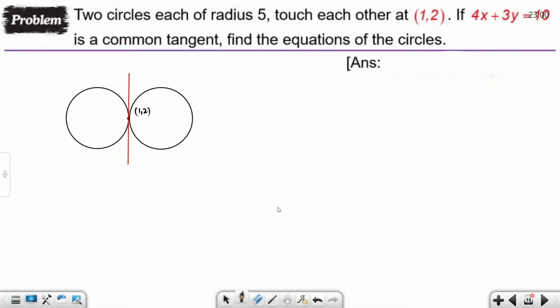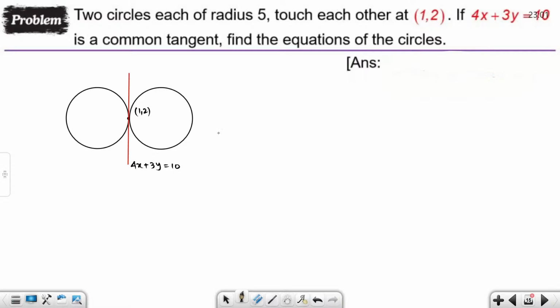The radius of each of these two circles is 5, and it is passing through the point 1, 2. The equation 4x plus 3y equals 10 is a transverse common tangent to these two given circles. Now we have to find the equations of the circles.